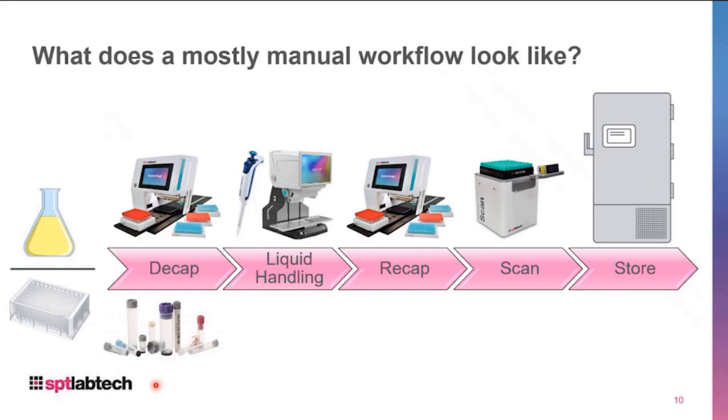We'll have the new tube come in to decap, the liquid handling to dispense into automation-friendly sample tubes. Tubes are recapped, scanned into your inventory management system, so data is uploaded to hopefully data management software, but sometimes we see tracking in Excel. But anyway, the data is available and then stored into the final freezer.